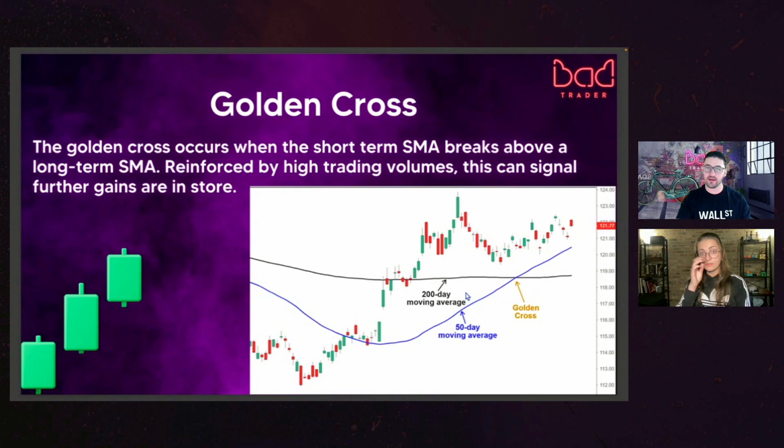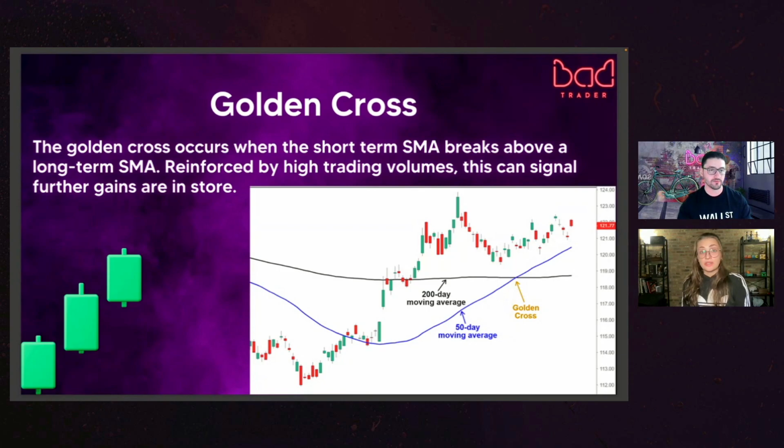This will signal an uptrend, and especially if you get high trading volumes, this can act as a double confirmation of an uptrend on the stock or index that you're watching. And here I actually put it on the graph, very easy to see. Here, where the 50-day moving average crosses the 200-day moving average, we get the golden cross. And this tends to be a very simple detection of an uptrend movement.